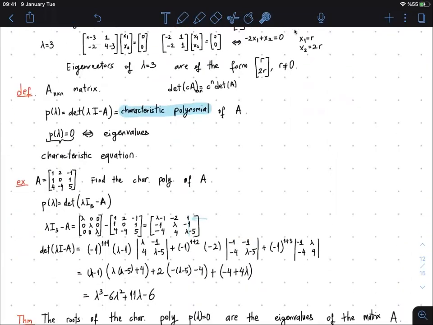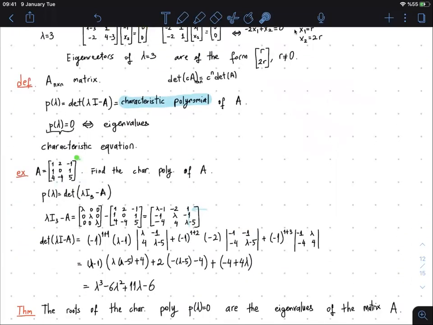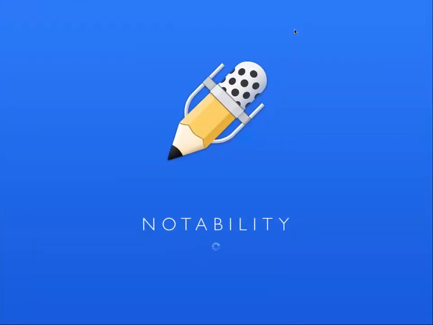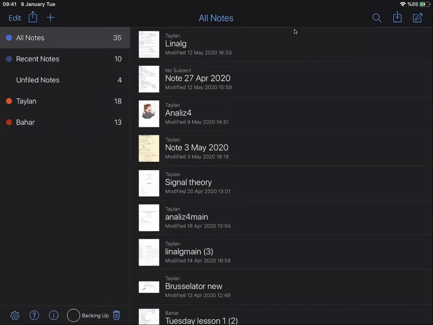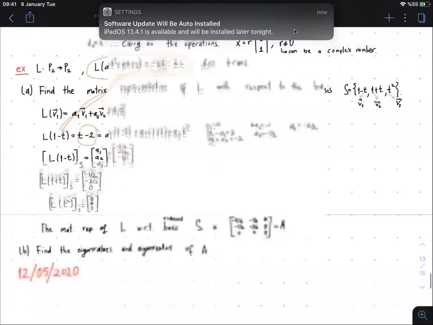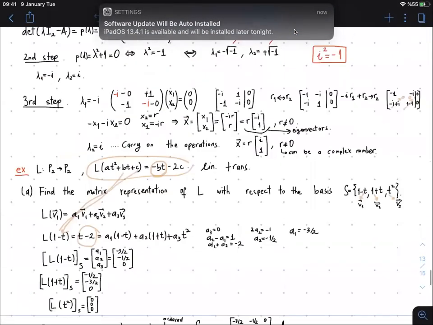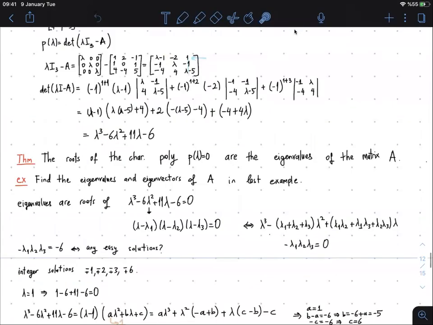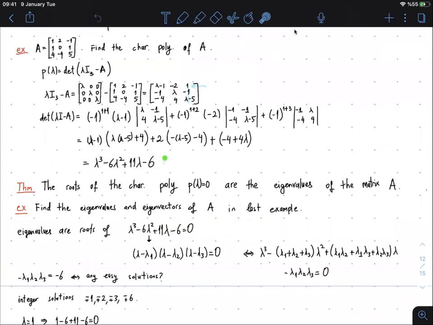Then we applied this to a 3 by 3 case. In this case, we find the characteristic polynomial, which is a degree 3 polynomial, a cubic polynomial.